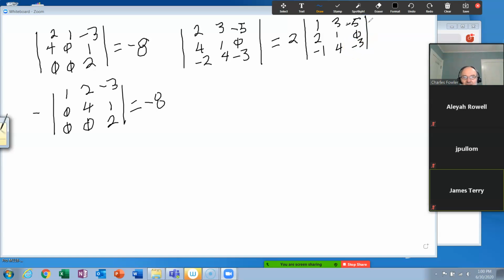Okay. Now, for some reason, they think that should be a lot easier to do. And perhaps it is. I would still use the middle row and do your row reduction that way.